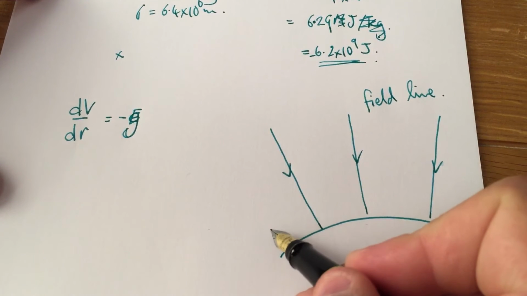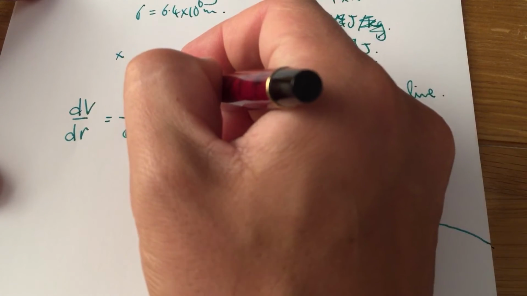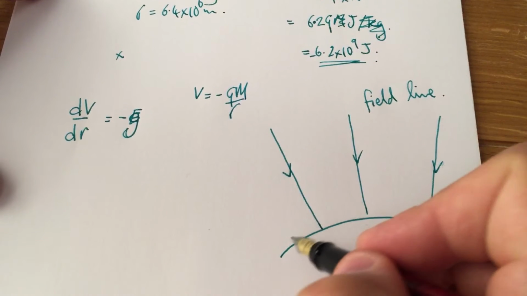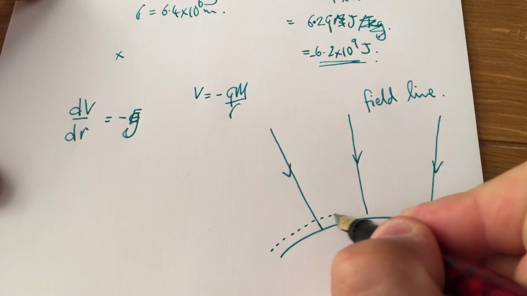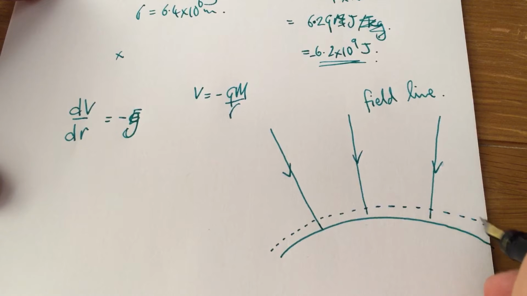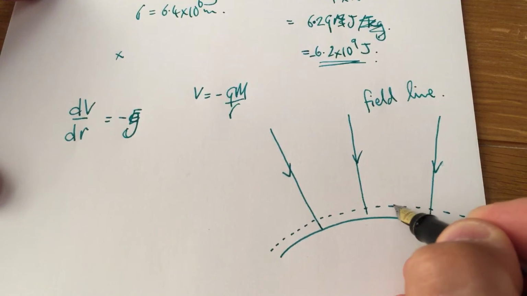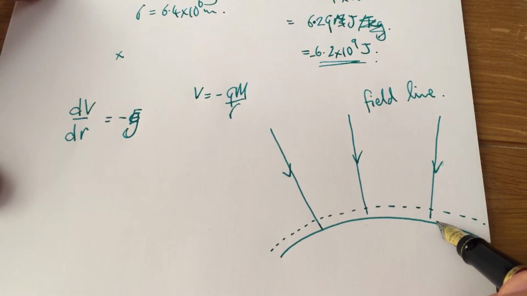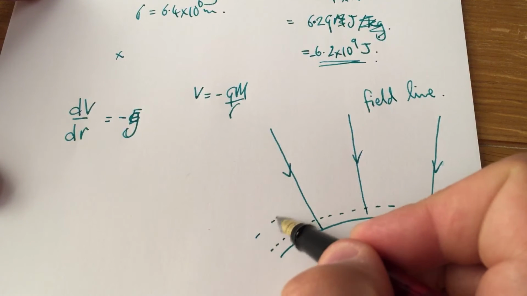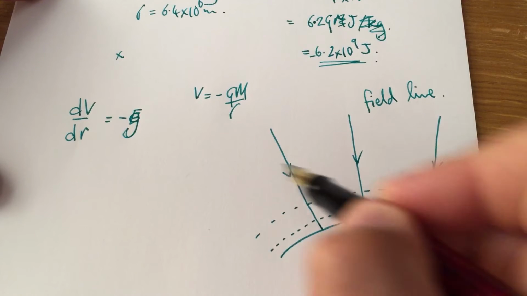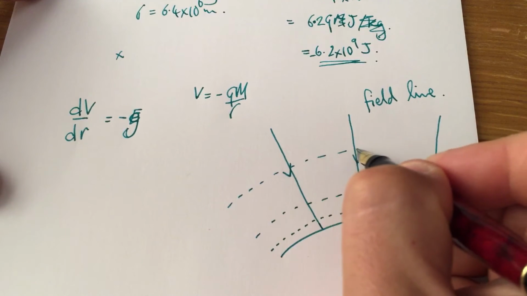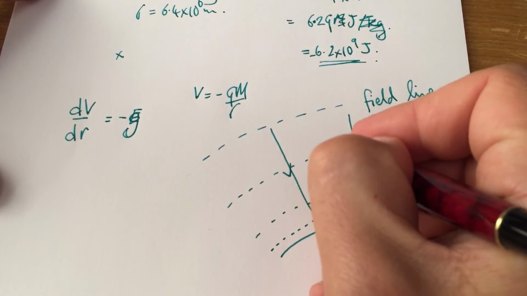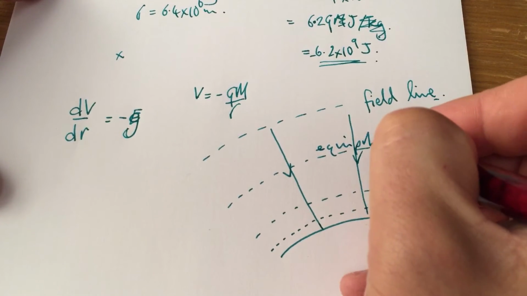Okay, now, because we know that the potential is minus Gm over r, if I were to take equipotential lines, like contour lines, points which join equal potentials together, you would notice that if I was jumping 100 at a time, these would start to get progressively further apart. Equipotentials.